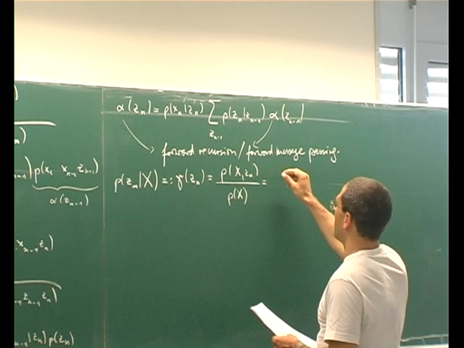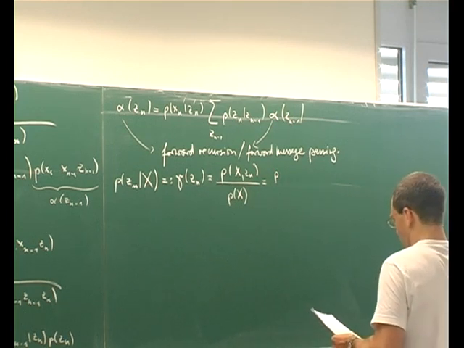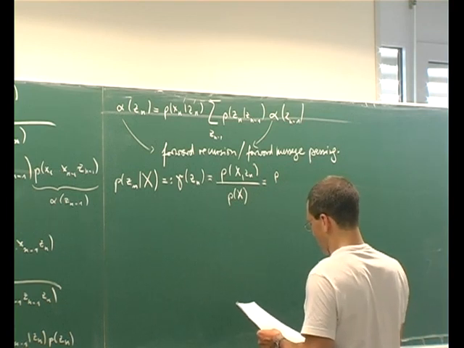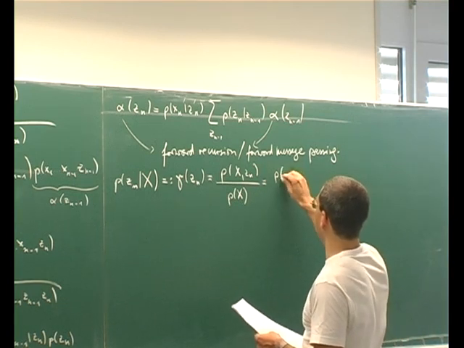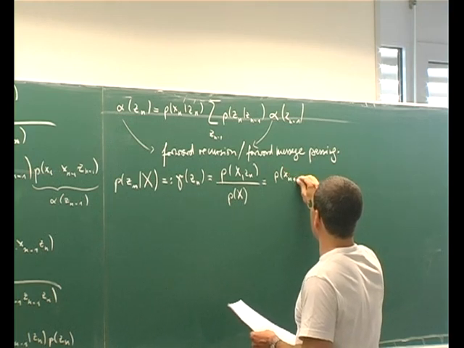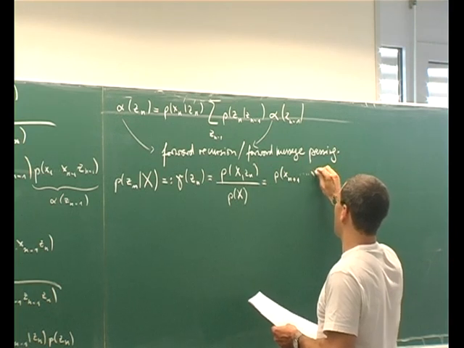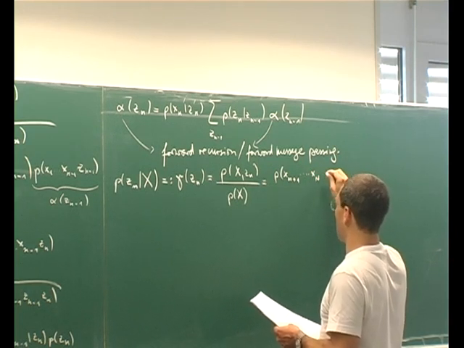And I will now partition this into two sets here. On the one hand, the probability of the observations n plus 1 to the end.